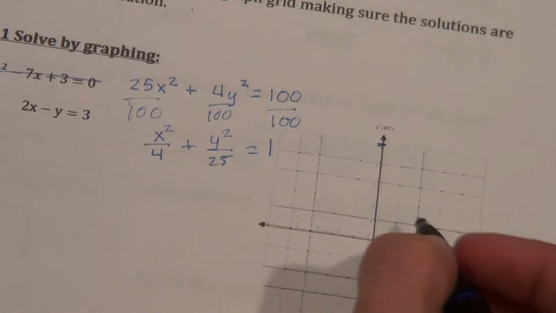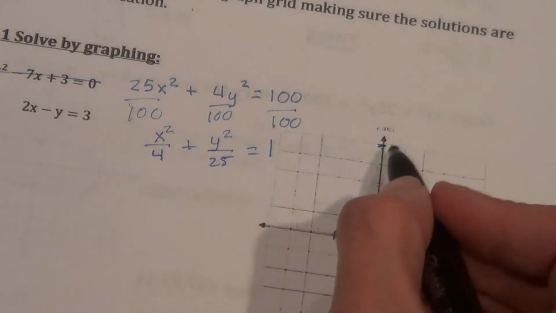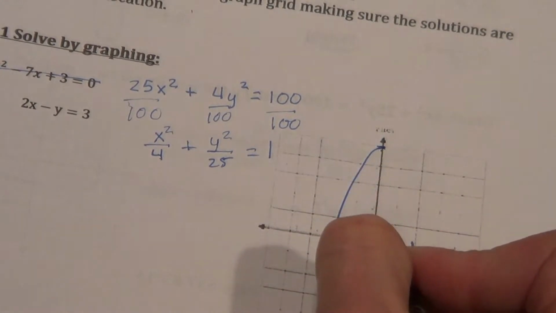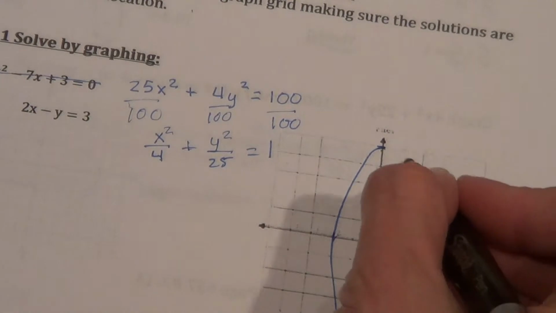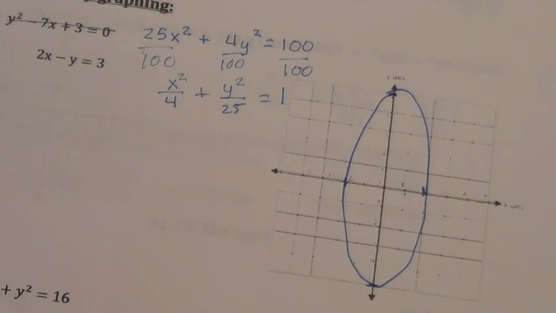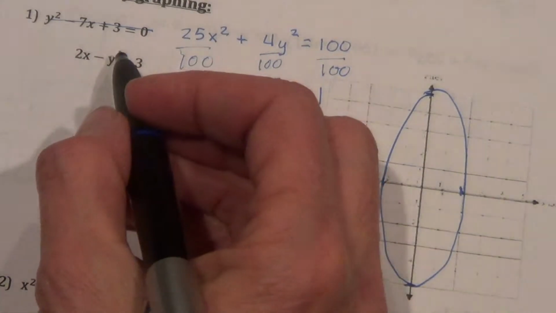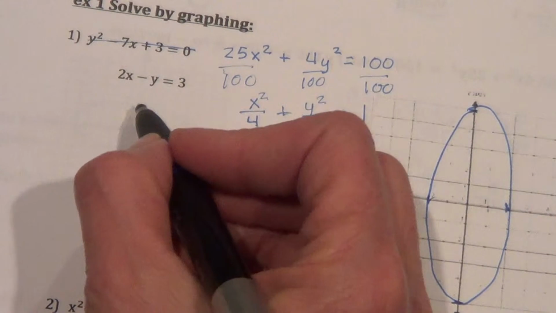For the x, we go out negative 2 and positive 2. Okay, and we get our ellipse. Now we want to put the system on there. So now we take this linear equation.